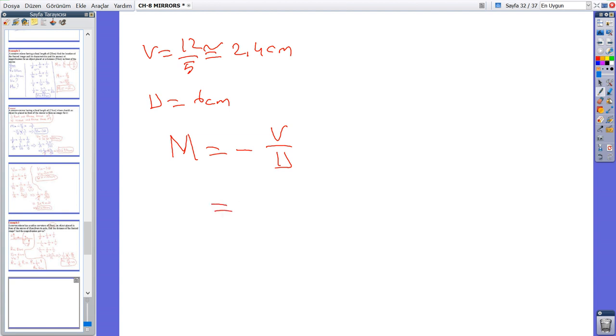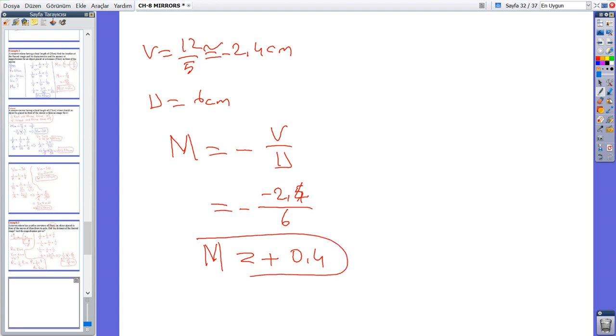Negative 2.4 over 6 equals positive 0.4 magnification. The result is positive.